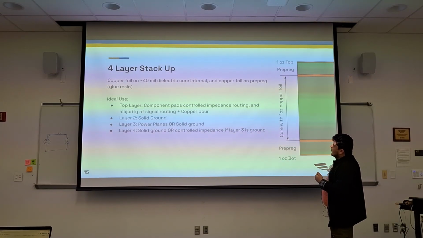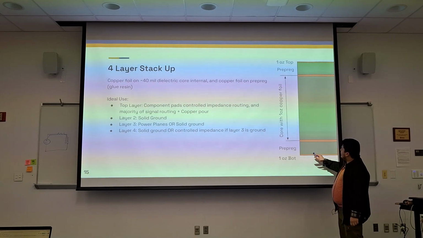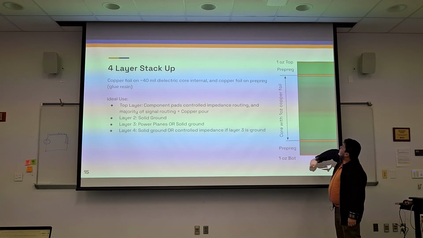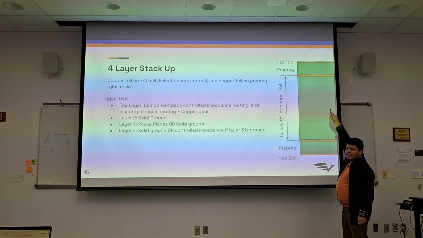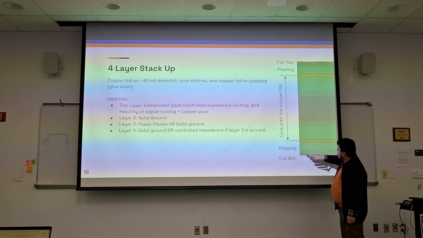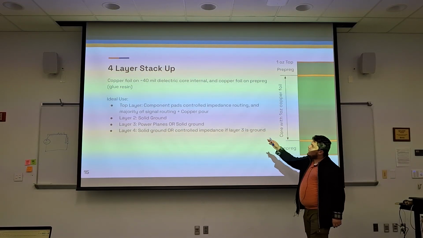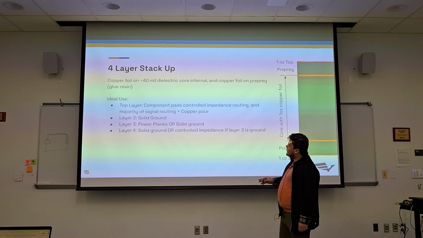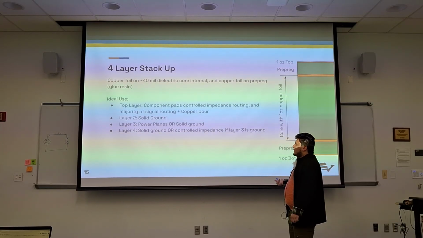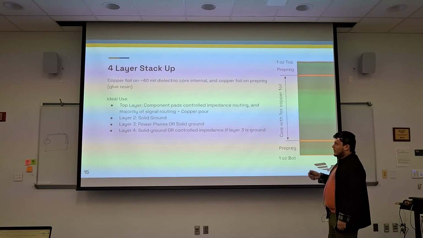What you may have noticed is we can choose this layer to be our reference, and all of a sudden, instead of having to go all the way up to 62 mils, we can get a nice closer loop where this is only really about 7 mils. One of the many ways to use it, an ideal use case, is to have all of your components on the top layer.